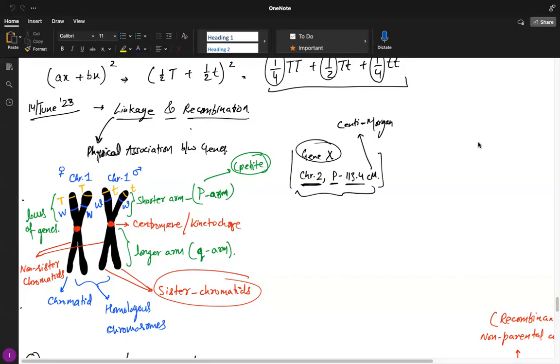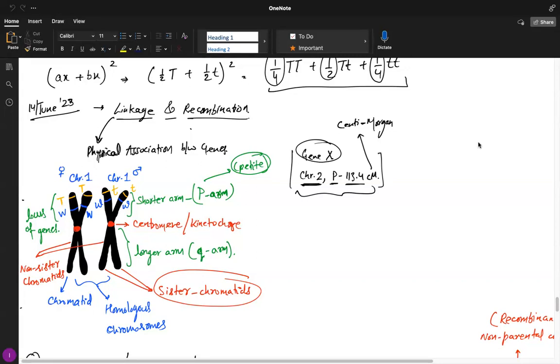So sister chromatids are the same DNA of a chromosome. Yes, you're right. So sister chromatid, let me just polish your words only. So you mean to say that sister chromatid is just a duplicate of the chromosome, the other chromatid on the same chromosome, right?